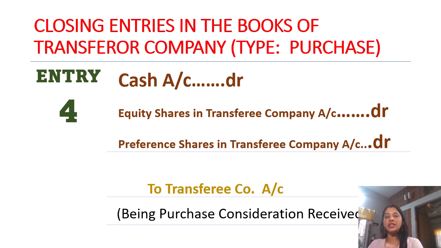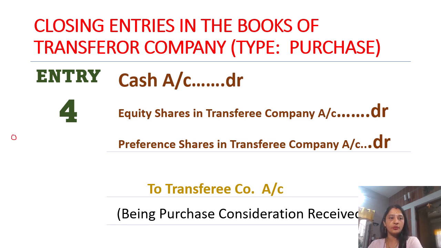Equity shares are coming in, in the transferee company, so equity shares in transferee company account debit. Preference shares in transferee company account debit. To whom? The transferee company is giving you the purchase consideration. So this is the entry for receiving the purchase consideration.